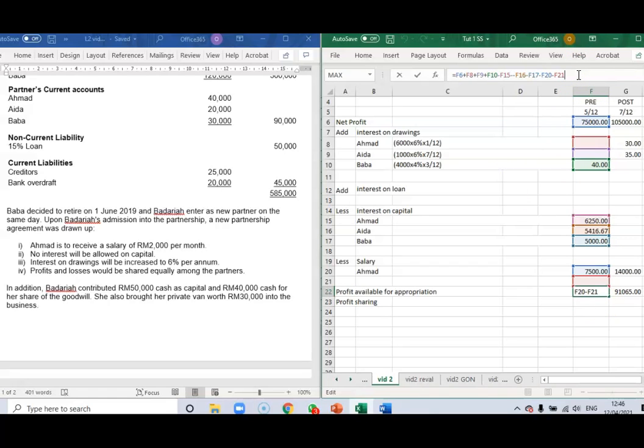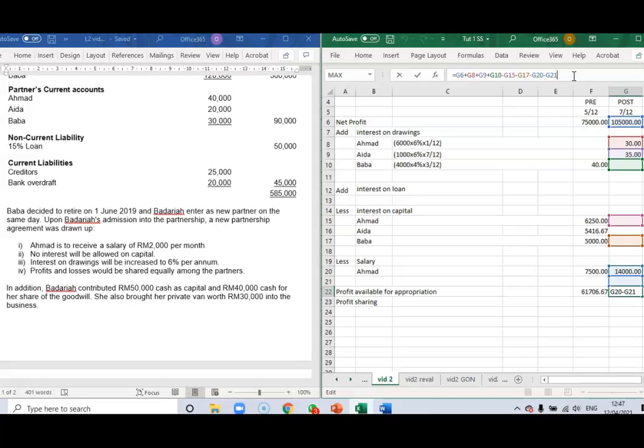You need to check that you calculate all of it correctly. Okay, correct. And this one again, okay, you are taking into account all the data at G8 and G9.